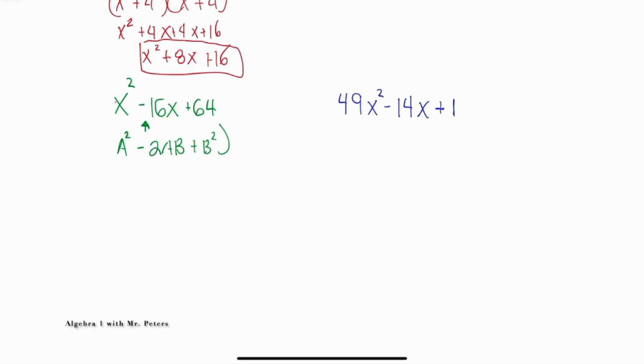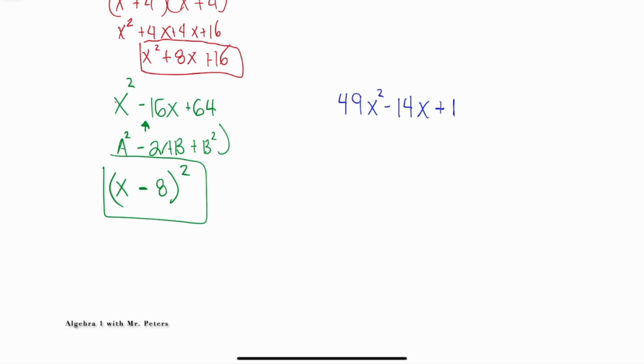So when we look, the square root of x squared is just x. The square root of 64 is just 8. If we multiply negative 2 times 8, we get negative 16 times x is negative 16x. So we know this is going to be x minus 8 squared. And yes, this is a perfect square trinomial.